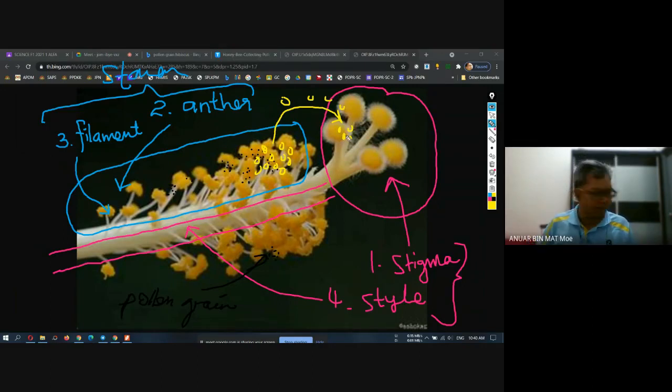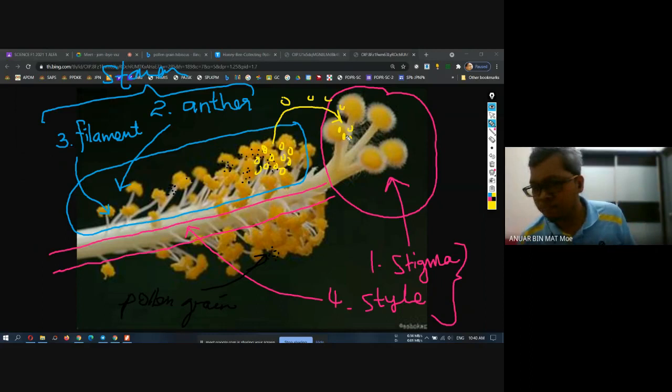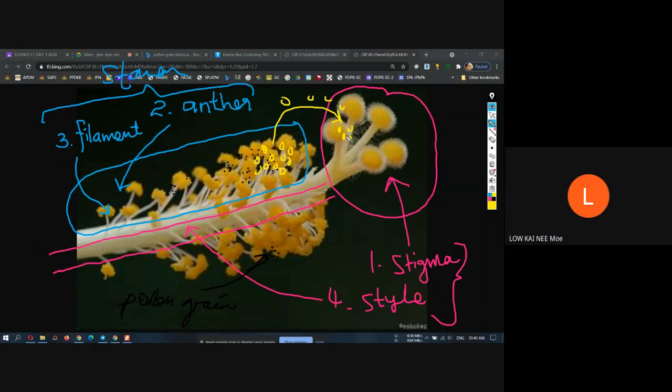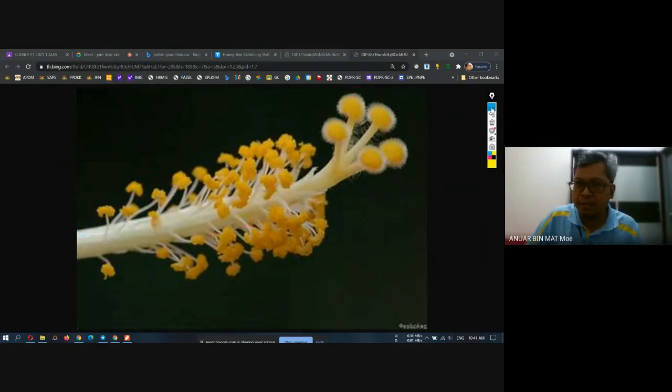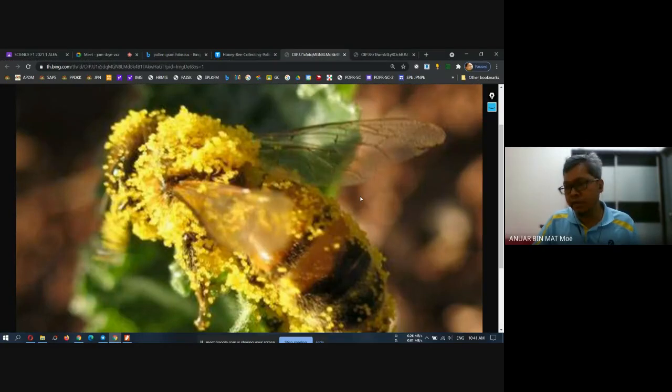How does pollination happen? With the help of what? Animal. Yes, with the help of animal. Very good. Such as what? Such as a bee over here.